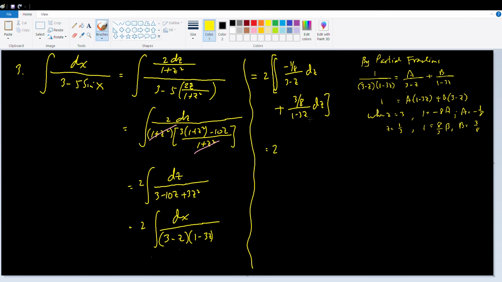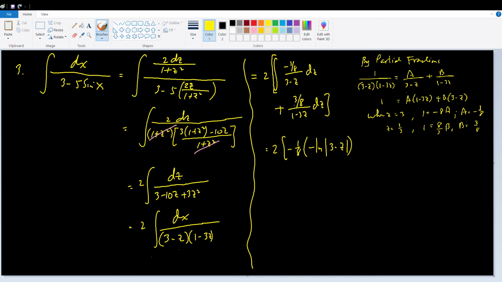So 2 times the integral of dc over 3 minus c is negative ln. So negative 1 over 8 and then negative ln absolute value of 3 minus c.